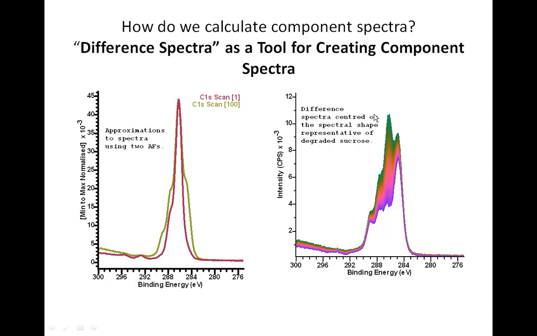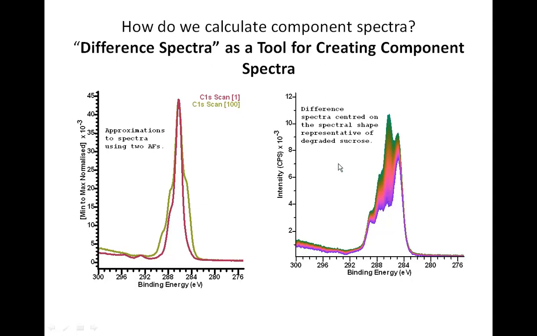So what I've done is I've plotted here a set of different spectra with different proportions of the 2 spectra we see here, and there's clearly a wide range of possible arrangements of photoemission peaks that could be associated with carbon chemistry that could contribute to what we see in degraded sucrose. So we have to make a choice, and we have to appreciate that that choice is not a unique choice, and we have to find some way of justifying it.